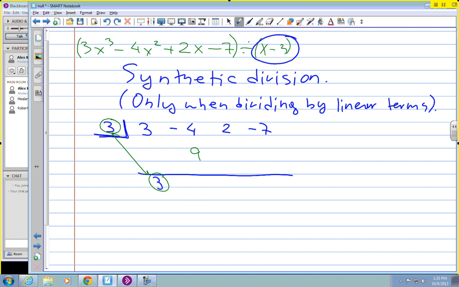Adding is a lot easier. If you add -4 and 9, what do you get? 5. Now repeat the process. Multiply 5 and 3, you get 15. Add the numbers: 17. Now multiply 17 and 3, you get 51. Add 51 and negative 7, you get 44. So 44 is our remainder.